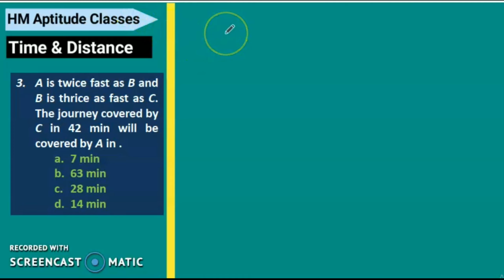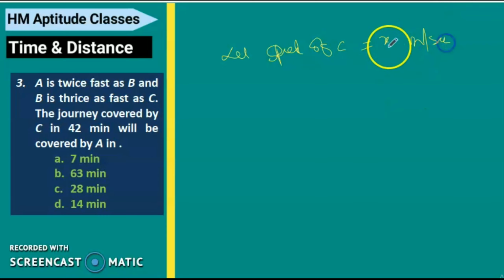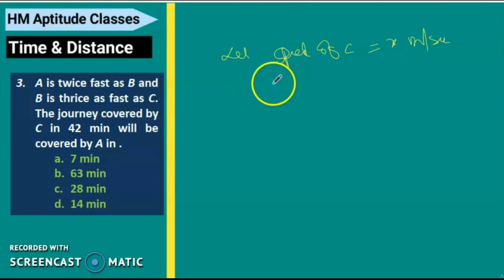And next, the third question: A is twice as fast as B and B is thrice as fast as C. The journey covered by C in 42 minutes will be covered by A in how much time? So let us first consider the speed. We can consider the speed of C first, equal to x meter per second.